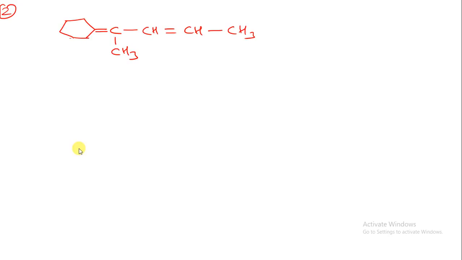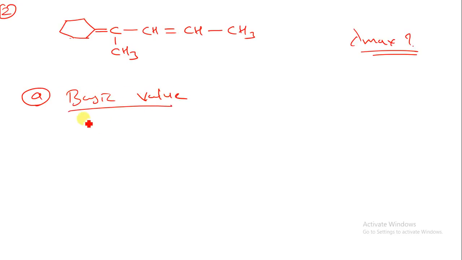For homo or hetero, the double bonds should be present in one ring, or in alternate or different rings. So there is no possibility of any homo or hetero type. Here there is only a simple butadiene system, so I have to write down the basic value for this system. So this is the butadiene system.